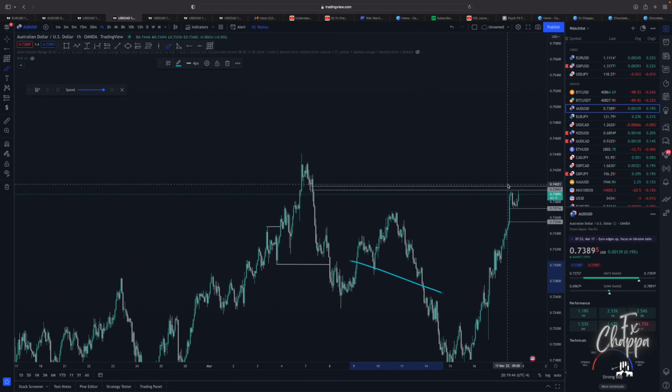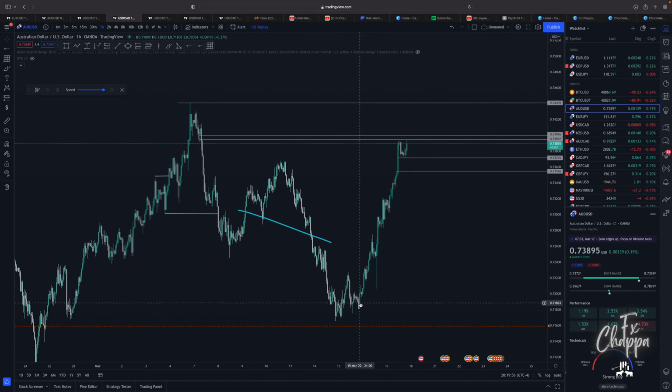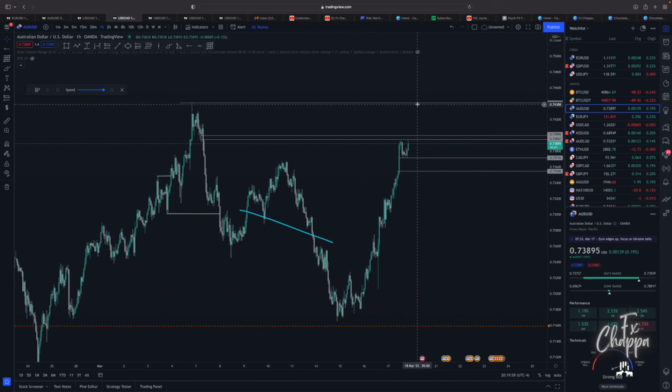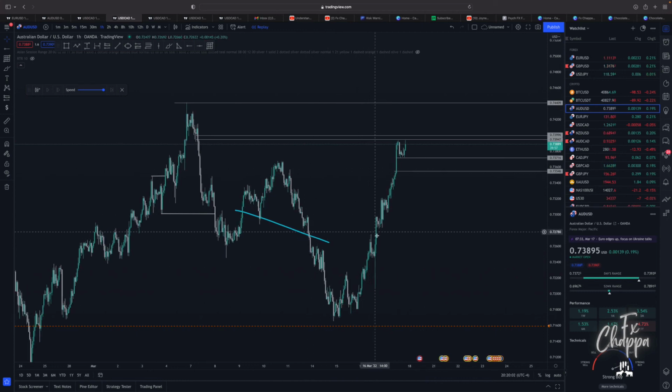I'd rather sell it if I see a confirmation. If I don't see a confirmation, then I will wait for price to break above this, see what happens when it breaks above this, and then wait to be a buyer down in these areas, or anywhere where I can find a point to buy from. But I ain't trying to buy this, not now anyways.